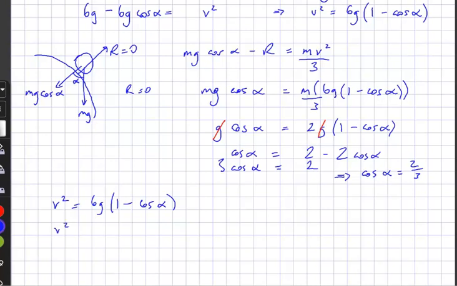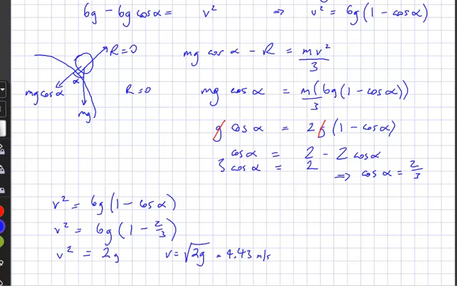So that velocity at that moment in time is 6g times 1 minus 2/3. So it's 1/3 of 6g, which works out as being 2g, and therefore v is equal to the square root of that. Whatever that works out, that's 2 times 9.8, square rooted, gives us 4.4, correct to 1 decimal place. I'll do 2 decimal places, 4.43 meters per second. But the square root of 2g is fine.